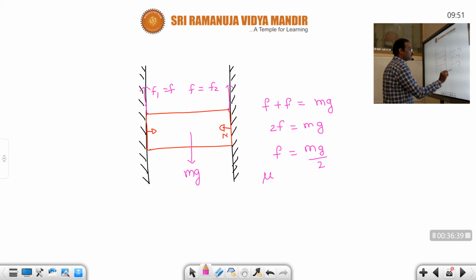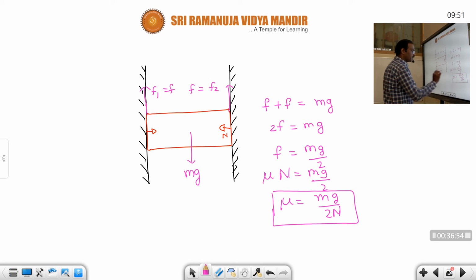That is mu into normal reaction N. Mu into N is equal to mg by 2. Then coefficient of friction mu is equal to mg by 2N, where N is the normal reaction from the applied force. So this is the coefficient of friction in this kind of case.